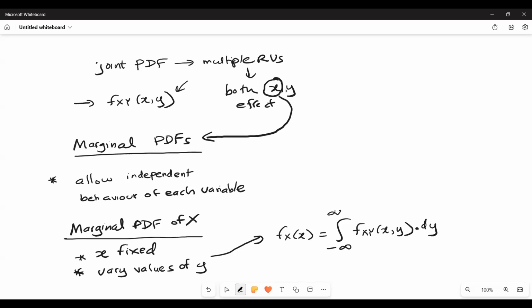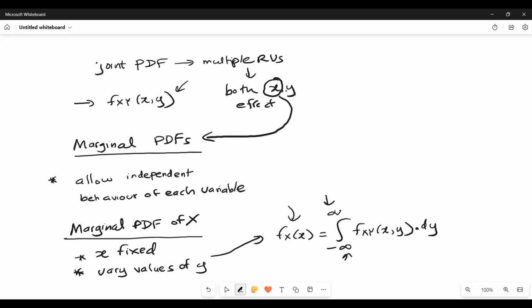For a certain X value, let's say X equals 1, and for X equals 1, I find the marginal PDF. I will be able to find the value once I take the integration over the y-axis. So in here, I will only consider the range of Y as the integration limits.